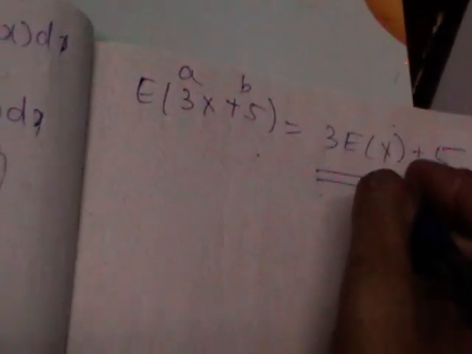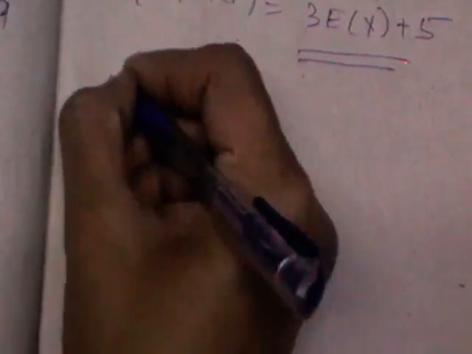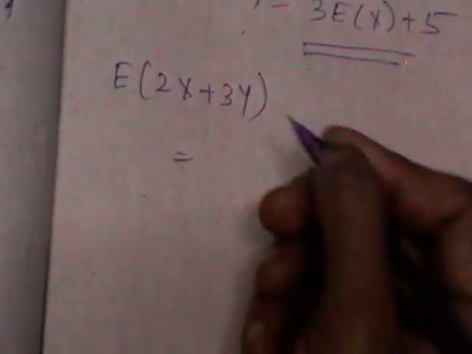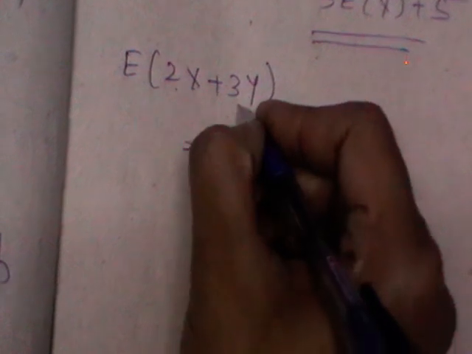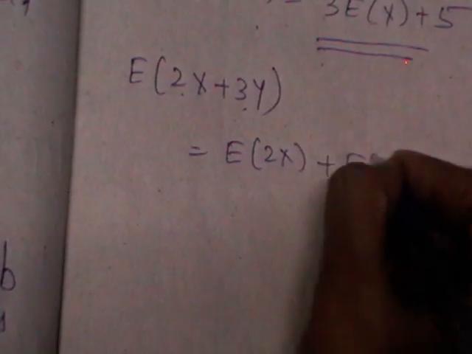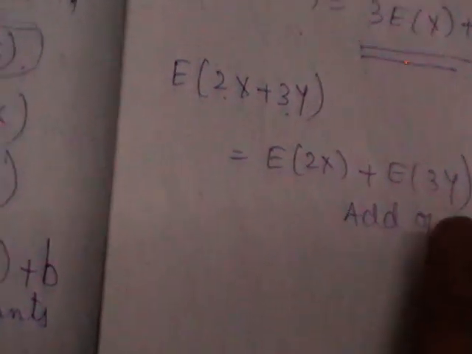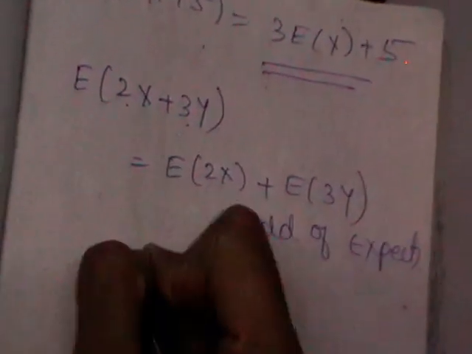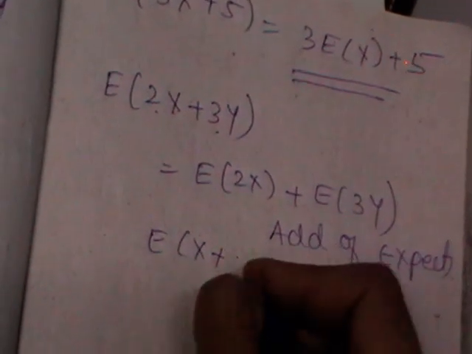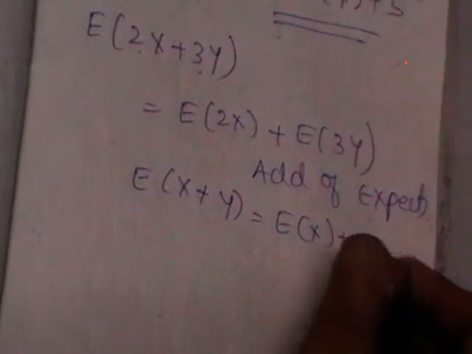Similarly, these are some results. If they ask to find expectation of 2x plus 3y, how can you do this? As 2 and 3 are constants, using the addition theorem on expectations, E of x plus y is nothing but E of x plus E of y.